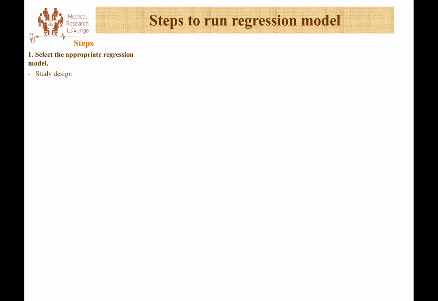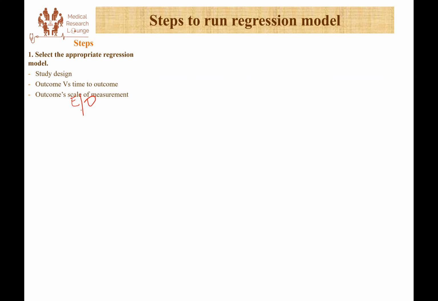While selecting the regression model, we have to see three things. The first one is study design. The other is whether we're interested in measuring the outcome or time to outcome. And the other is the outcome's scale of measurement. If you remember, in comparative analysis we said that identifying the scale of measurement for both the exposure and the outcome is important.